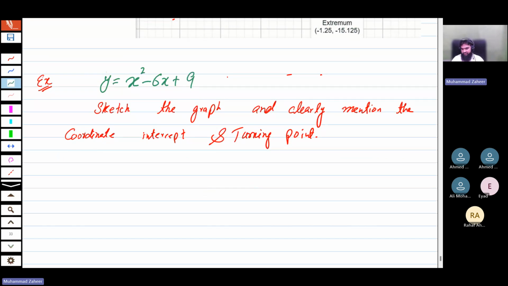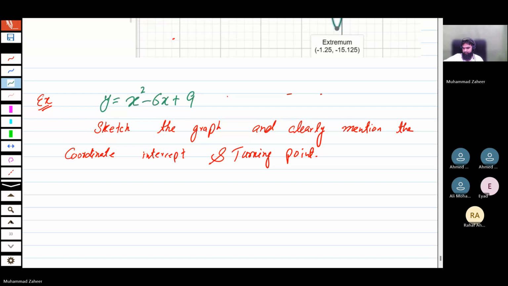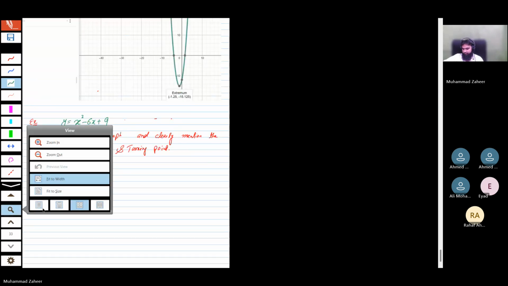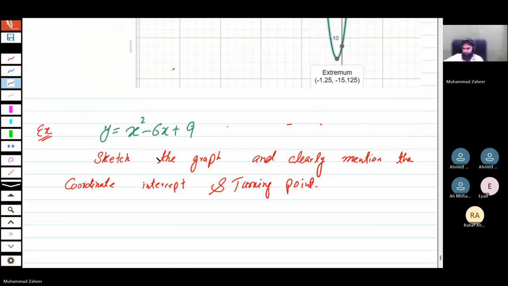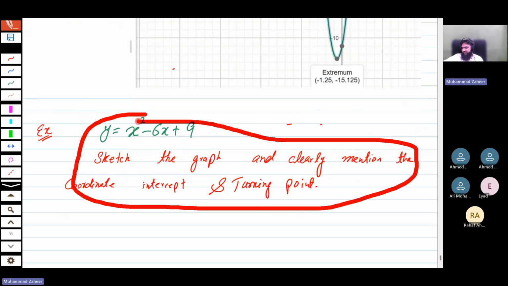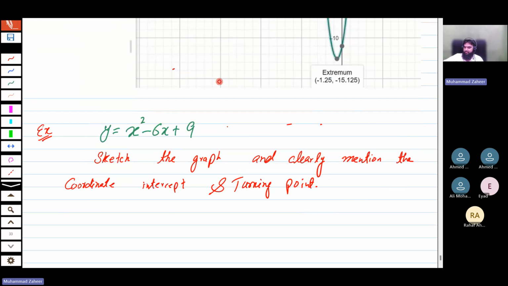Everyone, please do this question. You have to find the x-intercepts, the y-intercept, and the turning point. Just note down the question, and I'll move up so you can take the reference from that question.